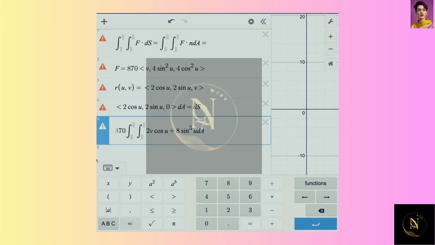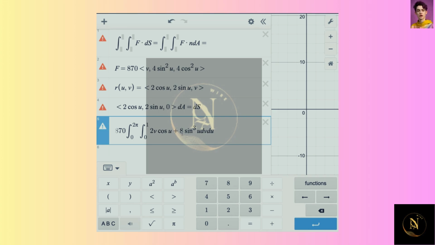Since u is between 0 and 2 pi and v is between 0 and 1, we can set our bounds to be 0 to 2 pi and 0 to 1, and this will be dv du.